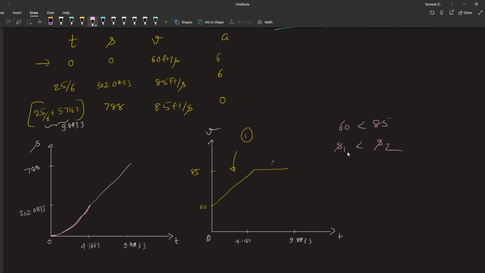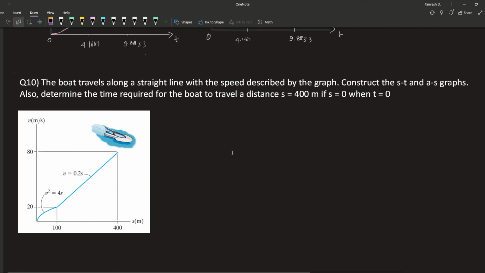Since this is a curve of degree 0, this is a curve of degree 1, this is curve of degree 2, this is curve of degree 1. So this is your ST and VT graph. You can also draw the AT graph. There is nothing difficult in that.